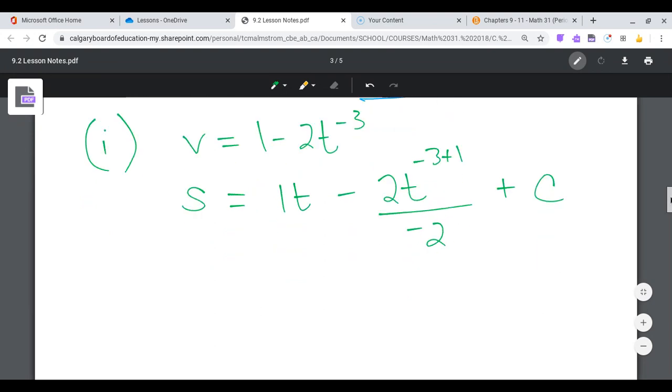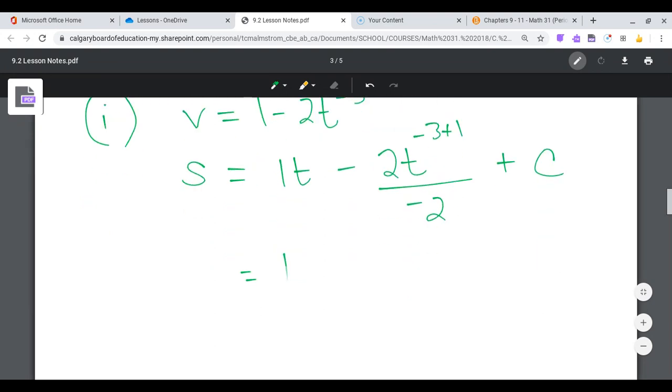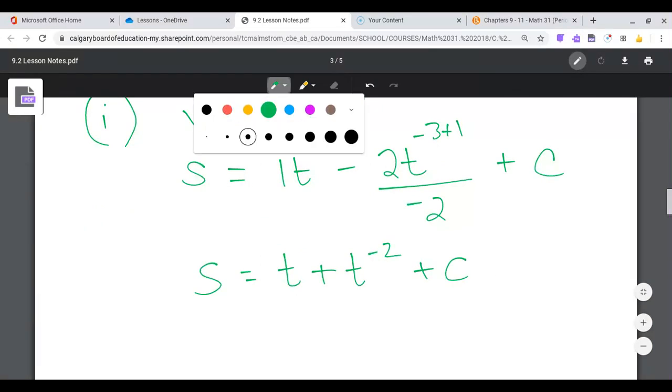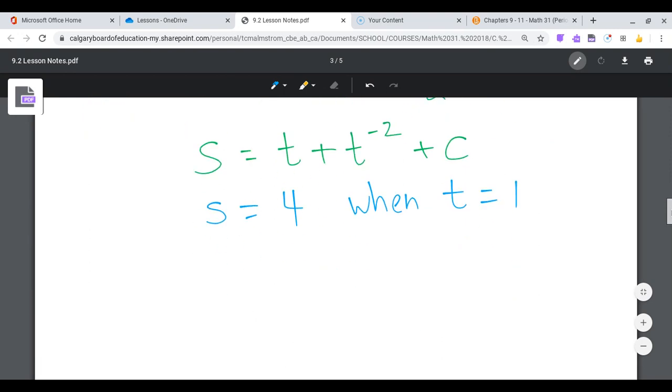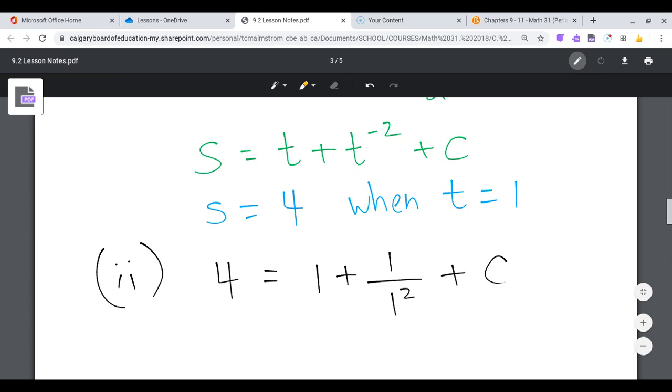And then I'll tidy that up. So this is equal to t, negative 2 divided by negative 2 is plus t to the negative 2, plus c. And so what do I know? I know that s is equal to 4 when t is equal to 1. So the next thing I'm going to do is substitute that in. So 4 is equal to 1 plus 1 to the negative 2, which is the same as 1 on 1 squared, plus c.